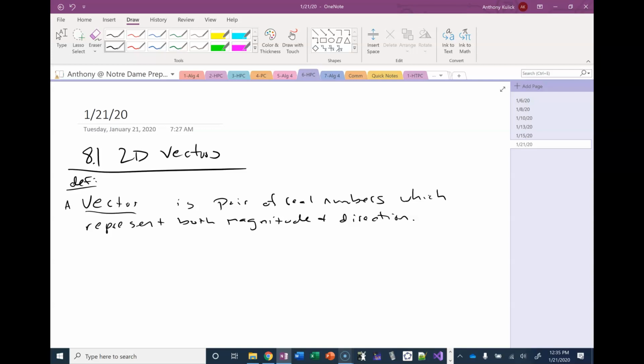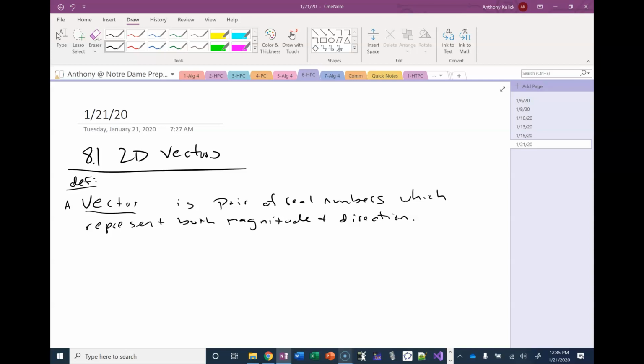A vector is decidedly different from a real number. Depending on how you want to define things, it can be similar to a matrix, but you wouldn't really see that until you took a linear algebra course as a college student. There is some nice overlap between matrices and vectors, but we're not going to deal with that here.